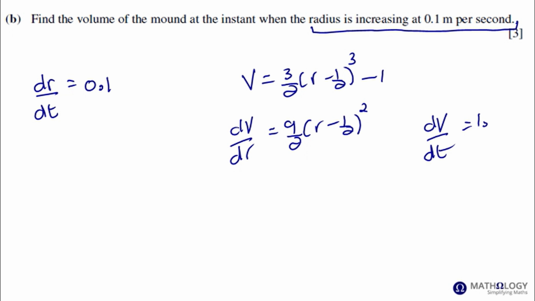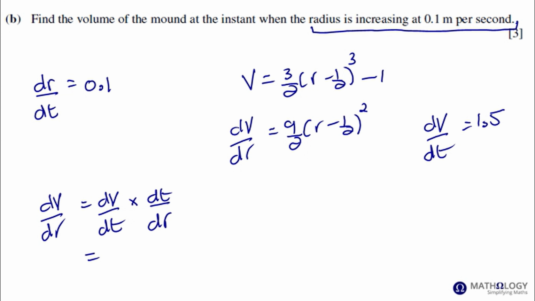dV/dt is 1.5. So dV/dr equals dV/dt times dt/dr. dV/dt is 1.5 and dt/dr is the reciprocal of 0.1, so it's 1 divided by 0.1, which equals 10.